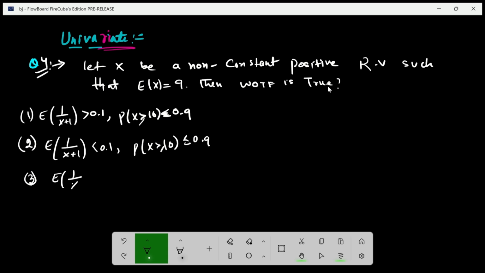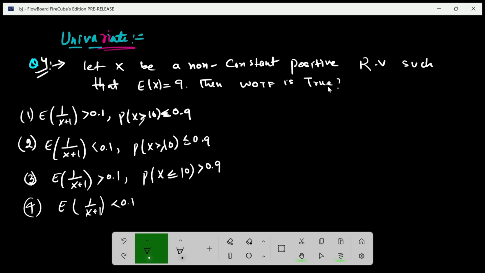Option 3: expectation of 1/(x plus 1) greater than 0.1, probability x less or equal to 10 greater than 0.9. Option 4: expectation of 1/(x plus 1) less than 0.1 and probability x greater or equal to 10 is greater than 0.9.